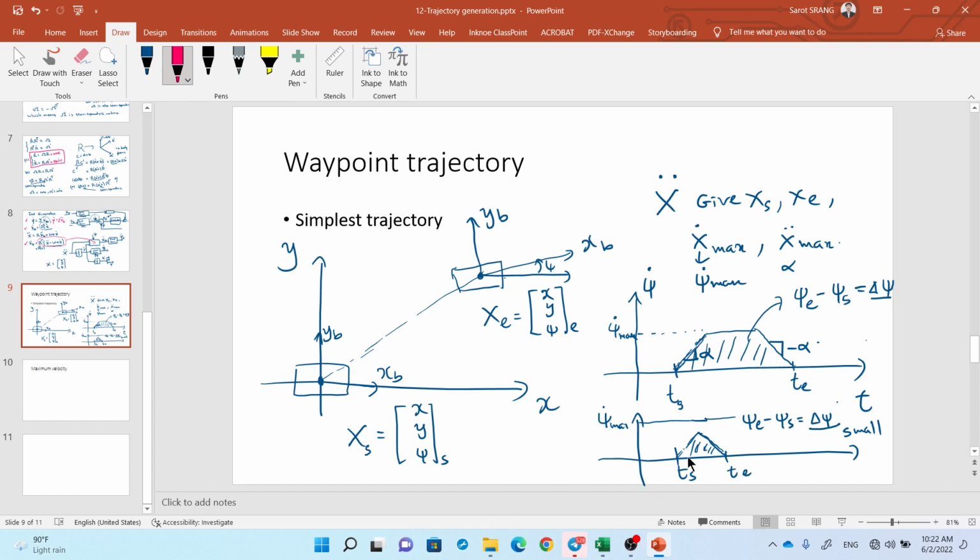Actually, the condition that separates the two cases is that you need to find that tap psi such that you accelerate until you reach the maximum velocity, and then you immediately decelerate. So the area under these red lines is the delta psi that separates these two conditions. So you just need to find the area under these red lines.